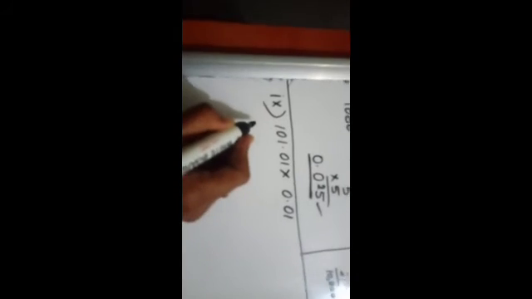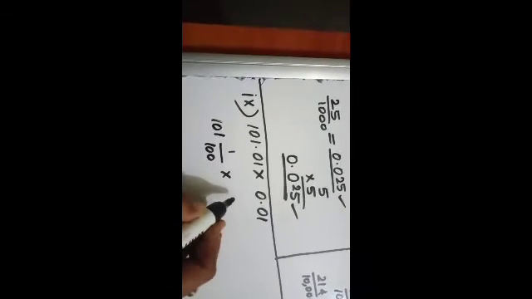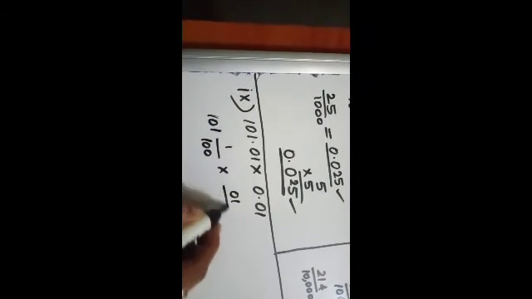Now let us switch on to the 9th question, that is 100.01 into 0.01. Let us begin. 100 becomes the whole number, 1 upon 100, multiplied by 0.01, where 1 is in the 100th place. So here we have a mixed fraction.